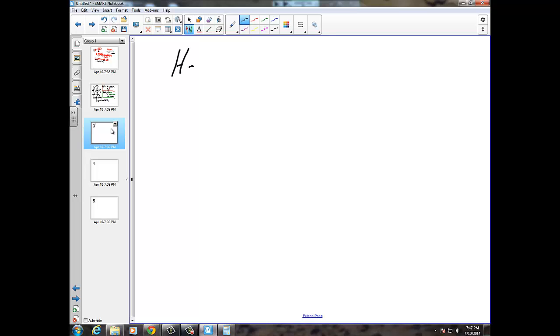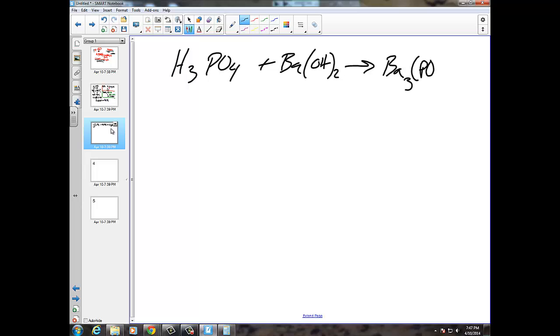So we know it was H3PO4 plus BaOH2. Well, that's going to yield Ba3PO42 plus H2O. Now we know it's Ba3PO42 because barium here means this is barium with a 2 plus charge.